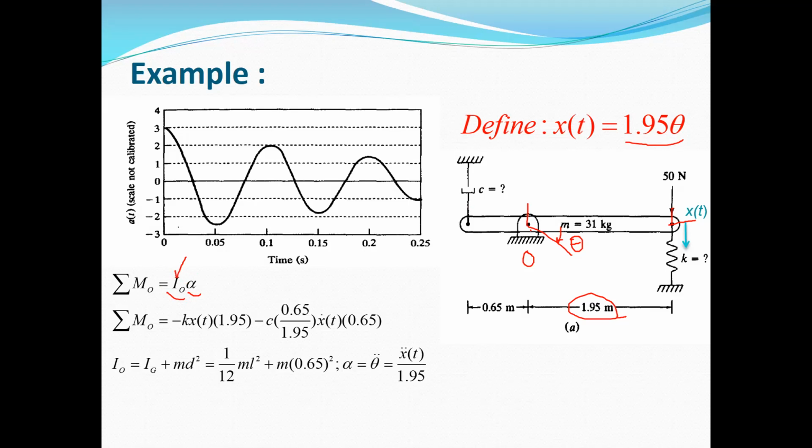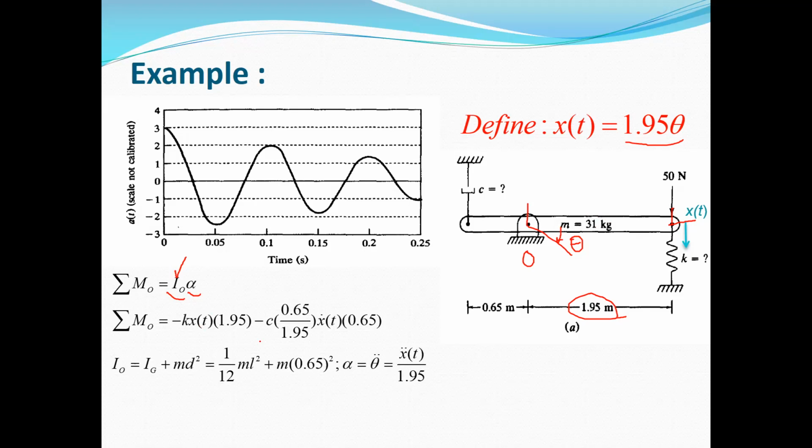From dynamics, you know that from this equation, you can easily extract the equation of motion. If you plot the free body diagram for this system, of course, there is a difference between vibration and dynamics. If you solve this system for dynamics, you must consider the weight of this bar.